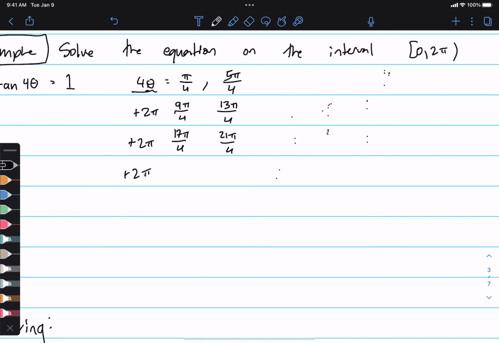And finally, adding one more 2 pi, we're going to get 25 pi over 4. Again, my Apple Pencil is really not having it with me today. And 29 pi over 4.